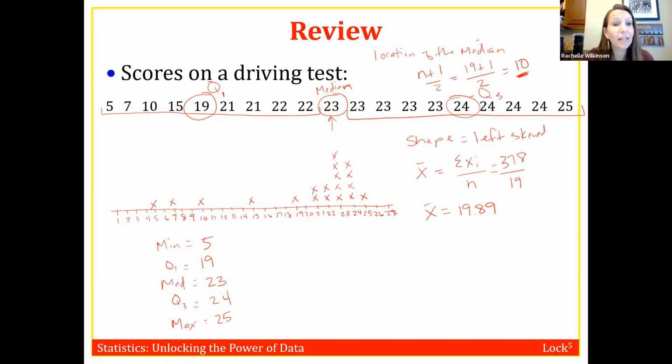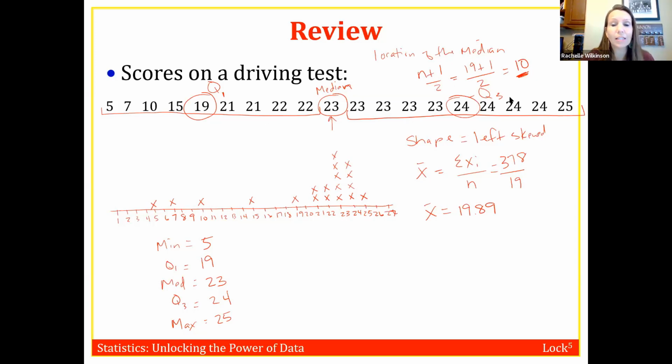Yes. How many do we have that are less than 11.5? 3, exactly. So values 5, 7, and 10, those are all going to be low outliers. Based on our rule, we're identifying those as low outliers. So that means that that 15 is not an outlier, but these bottom 3 are outliers.